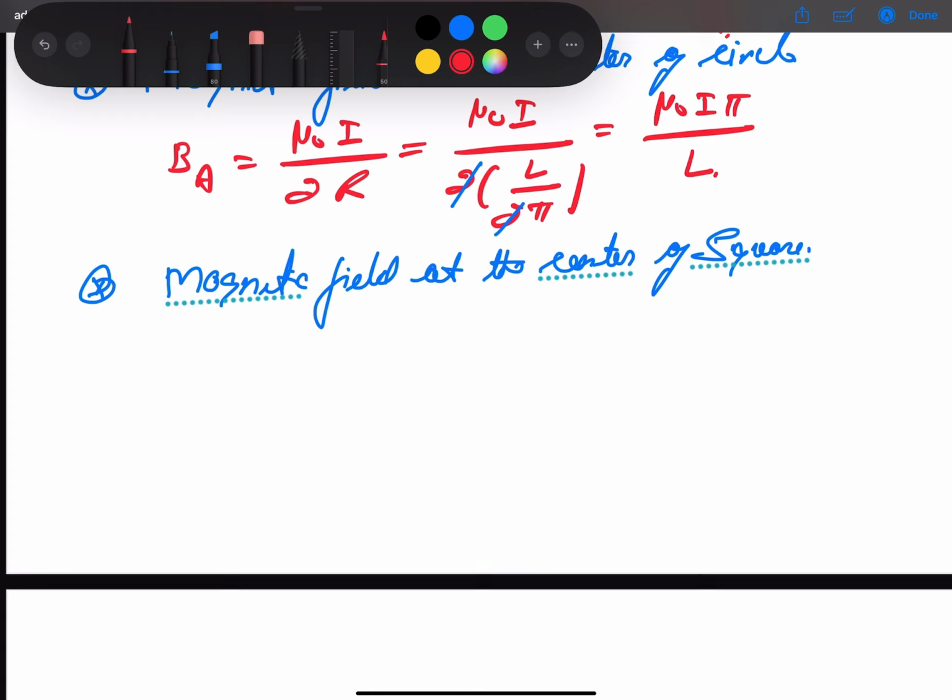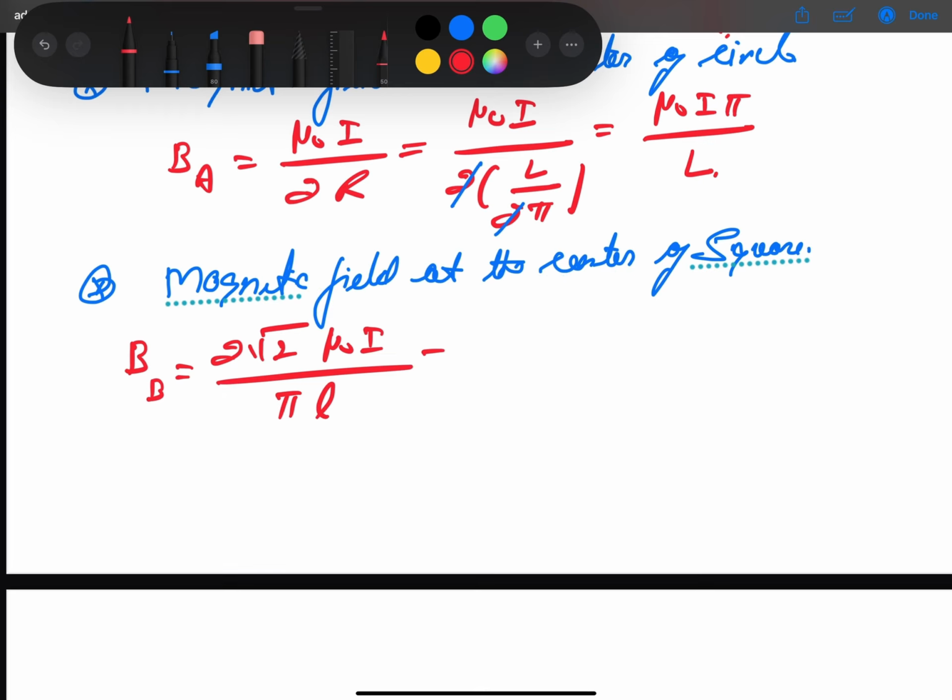We already know that it is said to be BB, and we can write it as 2 square root 2 mu naught I upon pi L. We already know the value of L, and we substitute it.